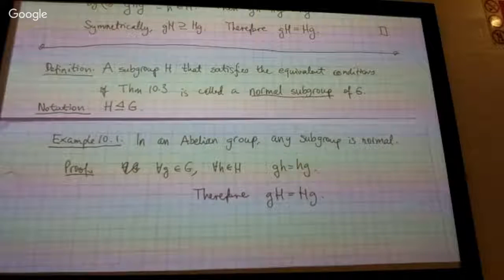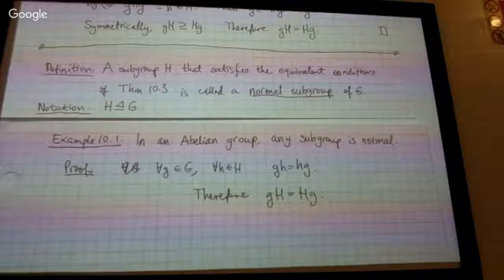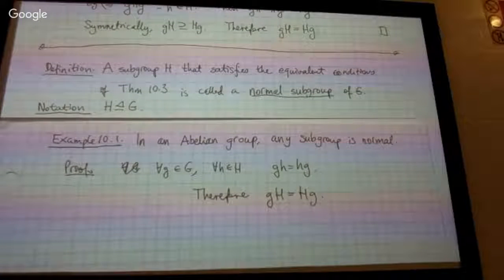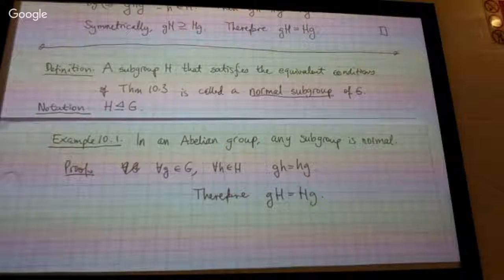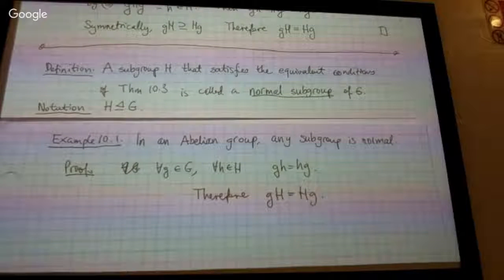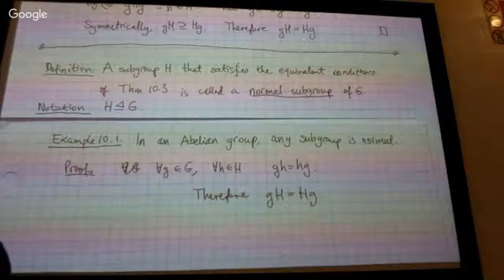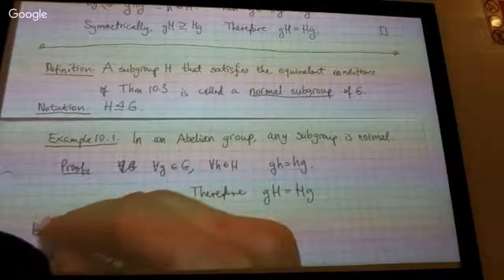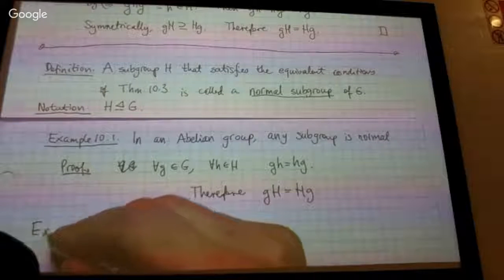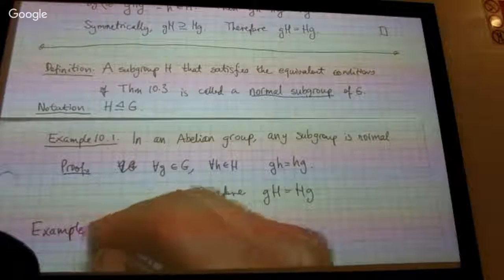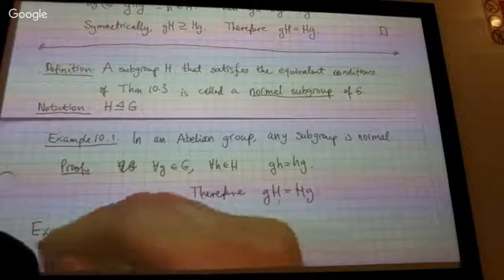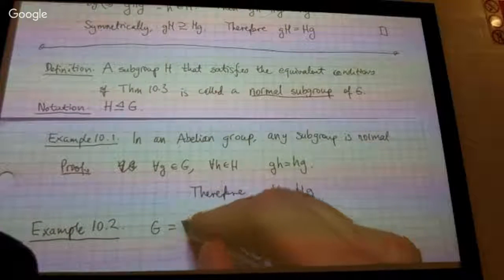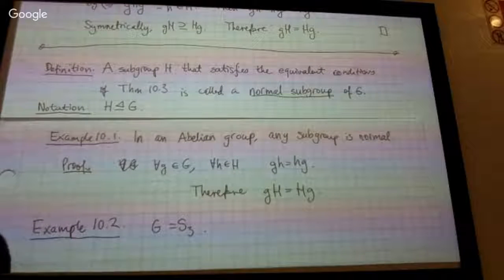Well, we'll see some examples of the next phenomenon that I promised in the title, factor groups. What we'll be using that for, some abelian groups. Example 2. So the group G is the symmetric group of 3 elements.